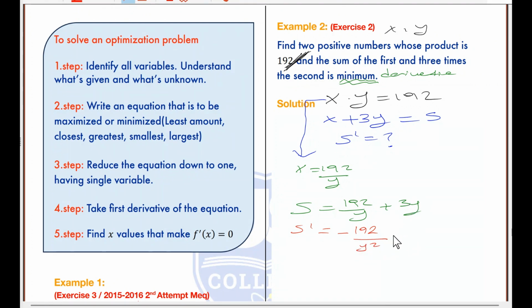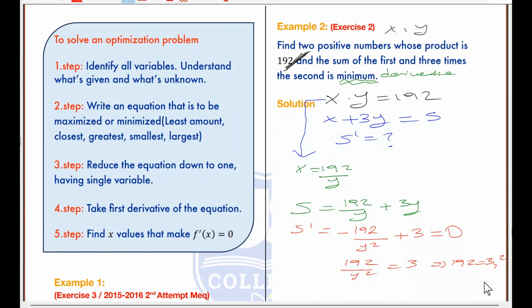Derivative of 3y is plus 3. I need this to be equal to 0. Now let's bring 3 to the other side, or negative 192 over y squared to the other side. 192 over y squared equals 3. Cross multiply. 192 is 3y squared.